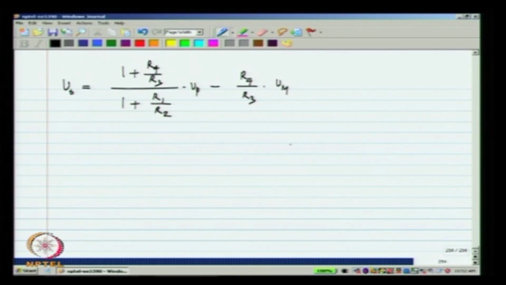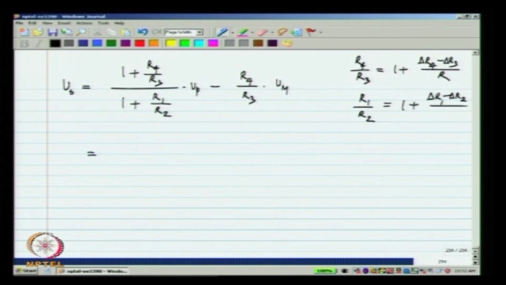Now, R4 by R3 I said was one plus delta R4 minus delta R3 divided by R. Similarly, R1 by R2 will be 1 plus delta R1 minus delta R2 divided by R.